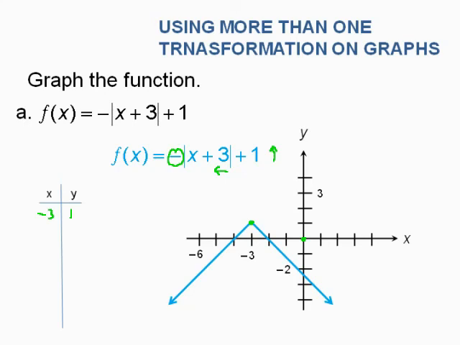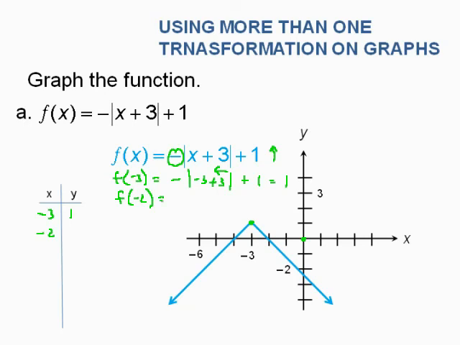Now, again, if you weren't sure how I got this first point, I'm just plugging in -3 wherever I see an x. So this is like evaluating functions earlier on. And we would get the absolute value of 0 plus 1, which would be 1. And then if I put -2 in for x, we could evaluate the function at -2. And what are we going to get here?